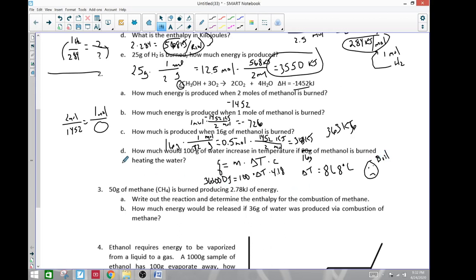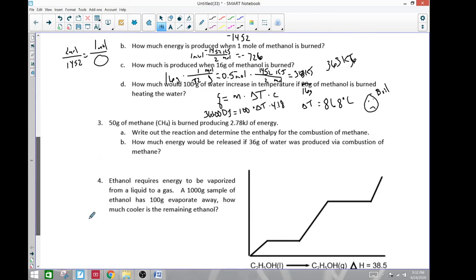Next up, we have 50 grams of methane. Okay, try it out. So let's write out a reaction, determine the enthalpy of combustion of methane. So write out a reaction, determine that. So it says here, when 50 grams of methane is burned, we get this much energy released. Okay, so let's do this.